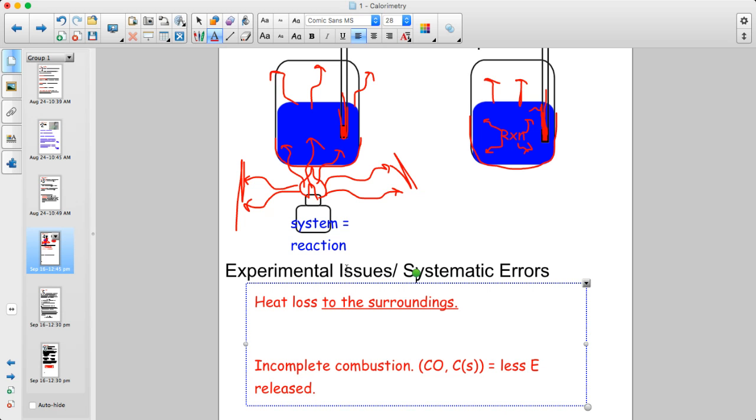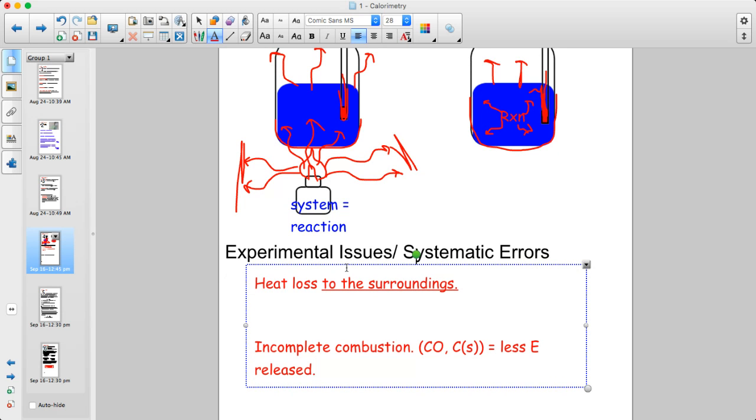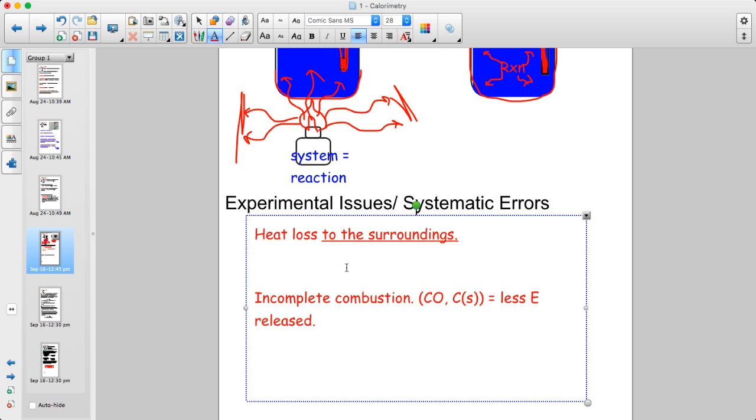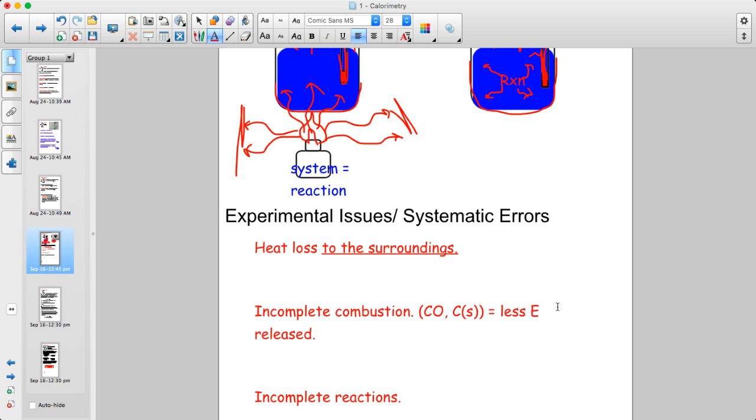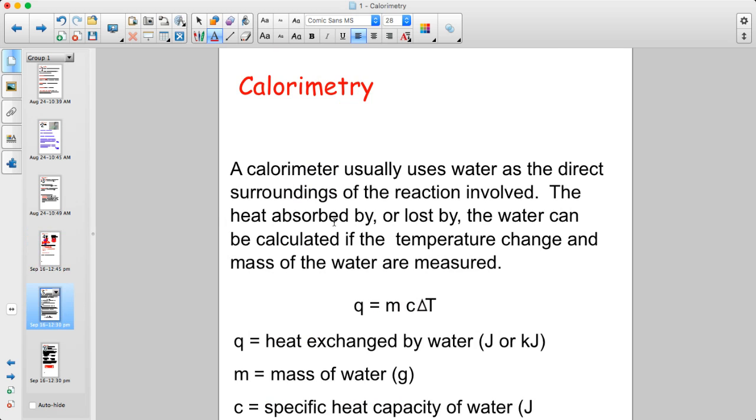Again, it's going to make the change in enthalpy smaller than you'd expect. You can also just have incomplete other reactions. Incomplete reactions. So if you're mixing things over here, maybe not everything reacts immediately, and as it takes time, you're back to losing some heat to the surroundings, and again, that's going to be an issue that makes delta H values smaller than literature values.